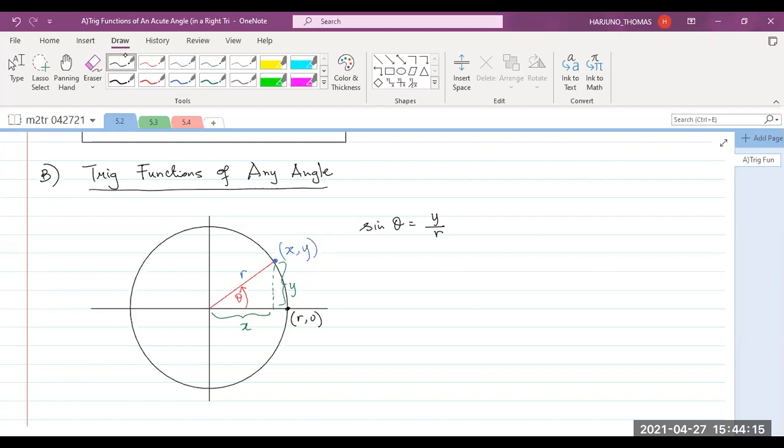But later on, our theta may be more than 90 degrees. Now, sine theta is defined to be y over r. Cosine theta is defined to be x over r. Tangent theta is defined to be y over x.